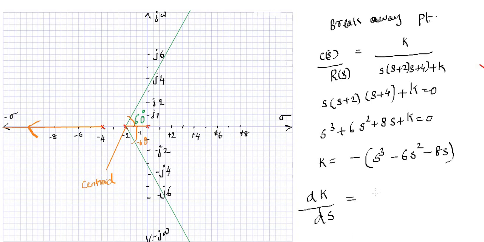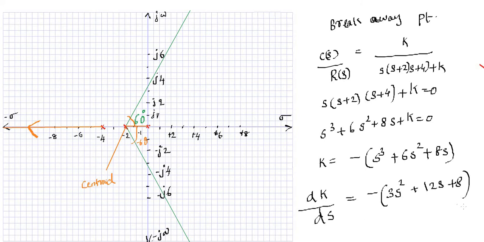That will be minus of 3s square, sorry, these all are pluses: minus s cube plus 6s square plus 8s. So, the equation dk by ds will be minus 3s square plus 12s plus 8.